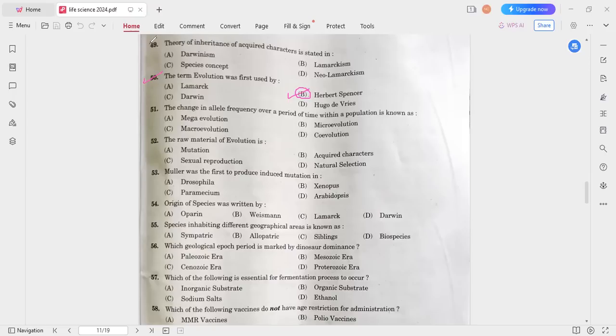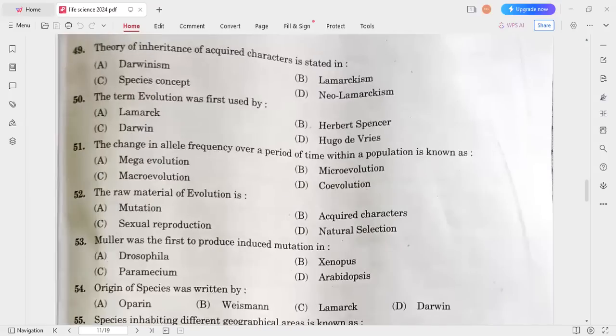The first of those 50 questions is question 51. Let me read the question: the change in allele frequency over a period of time within a population is known as what?